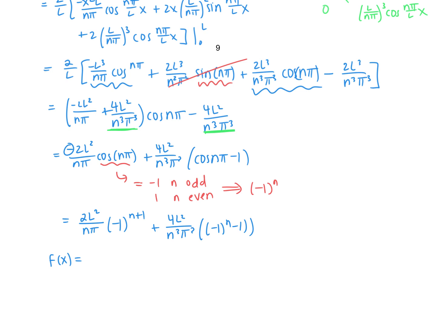And so this gives us 2L squared over pi, the sum from n equals 1 to infinity, of, now remember I factored out this 2L squared over pi, so I'm going to have to take that into account from both of these.